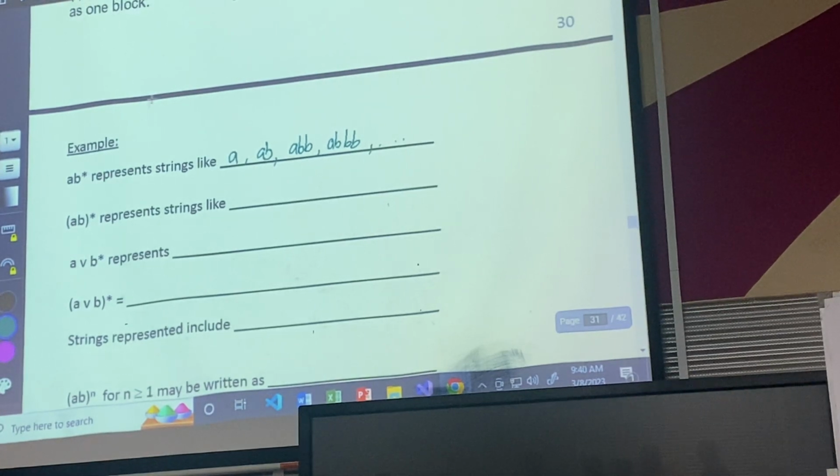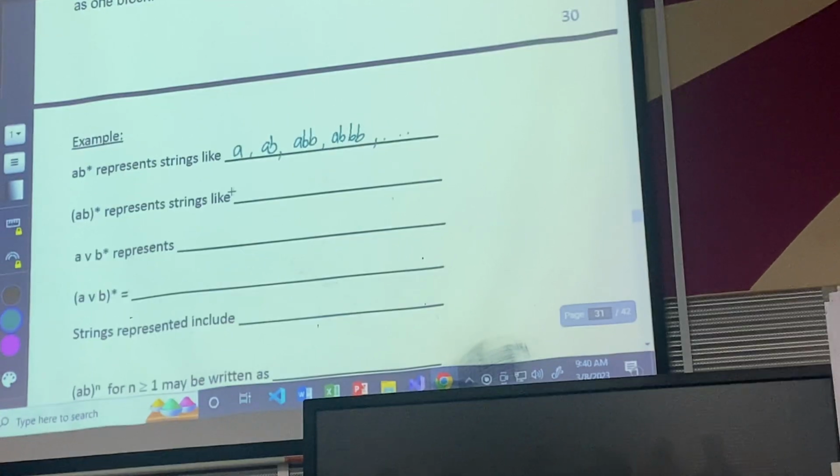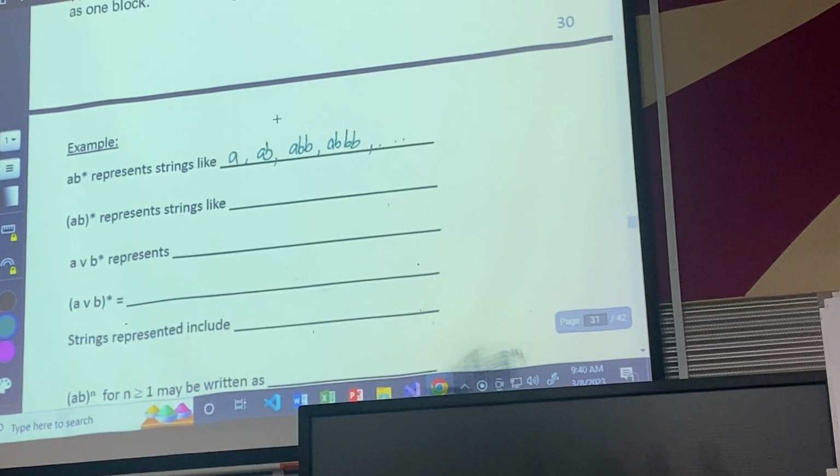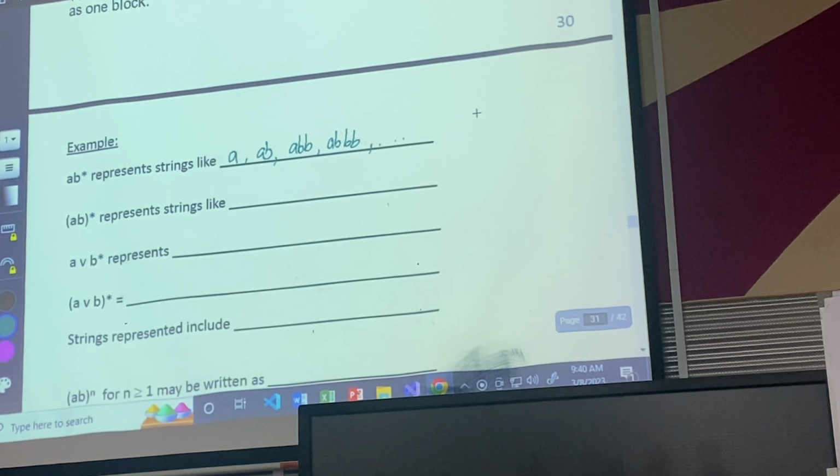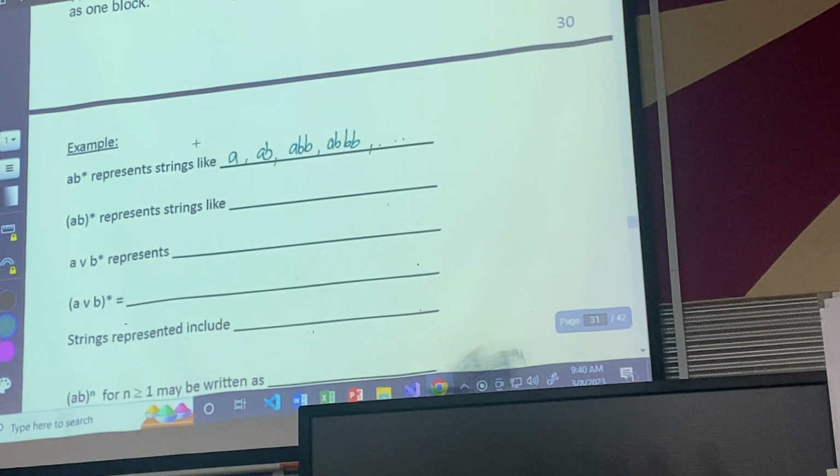Now, A, B in brackets with asterisk as string. What is the shortest string we can have? Nothing. Nothing means, in a string, what do you call it? NULL. Have you heard of the null string? Yes, right?